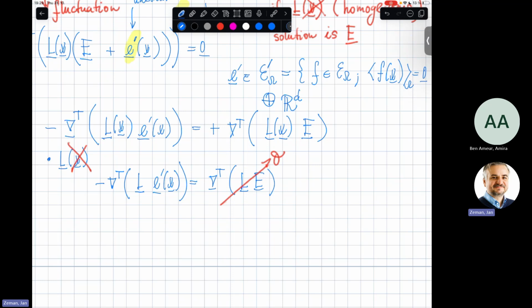If you just think it over, the only condition how this can be satisfied is that E prime is just constant, right?